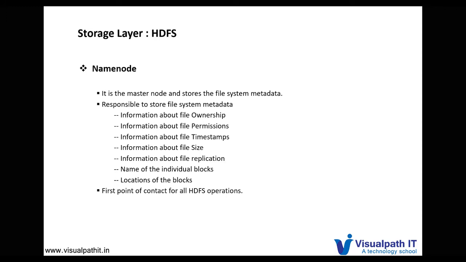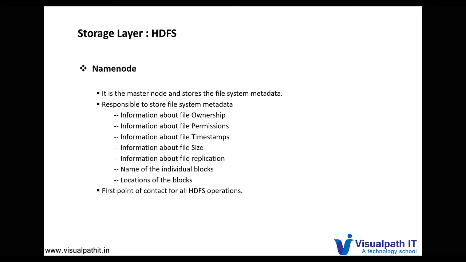Similarly, the file name, and if it is divided into multiple blocks, what the block names are. And if each block is stored in different data nodes, what the locations are, which data node those blocks are stored on. And the block size.